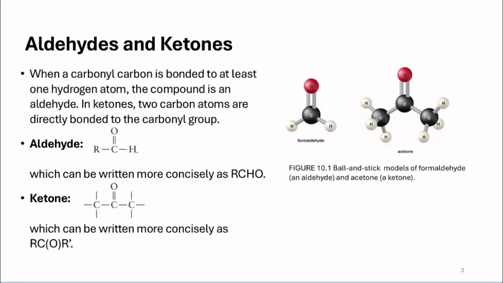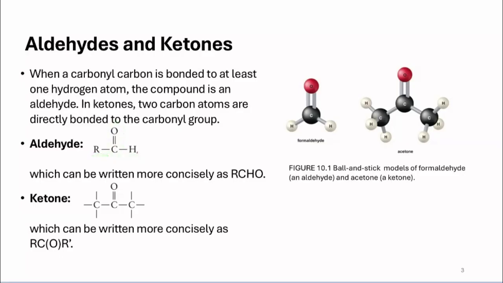In order to identify an aldehyde, this is going to be a molecule that has a carbonyl group, meaning a C double bond O, that is connected to hydrogen on one side of the carbonyl group. It really doesn't matter if the hydrogen is pointing towards the right, like you see here, or towards the left.